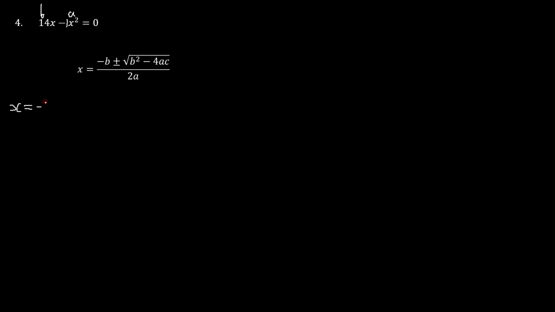So we say minus 14 plus or minus b squared, 14 squared, minus 4ac, that's 4 times minus 1, and c is also 1, because if we multiply all by 1 it will still give us the same answer.